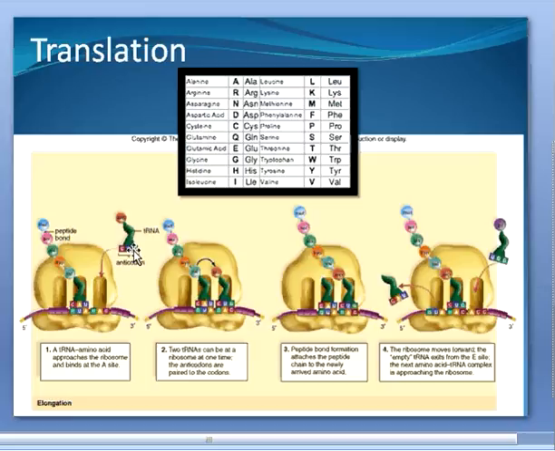So if this does come down and bond on here, it's telling us that the next appropriate amino acid would be the amino acid that these bases are dragging along in back of it. So it attaches on here, and then this amino acid will now add on to the growing chain.